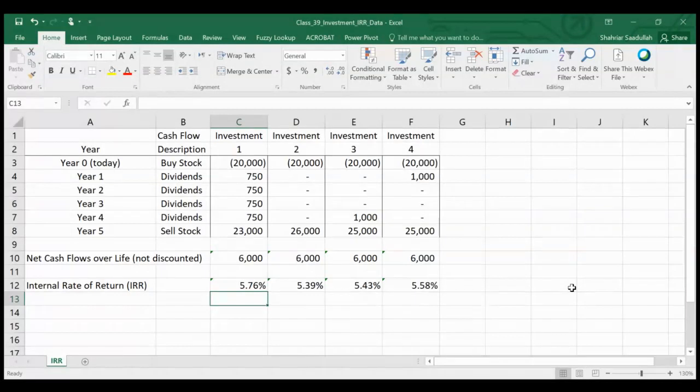We take into consideration the economy, the demand for the product that we're investing in, etc., etc. So this is just one of the analytics that we can use, the internal rate of return, to determine which investment is the most attractive. Okay, so this brings us to the end of this analysis.